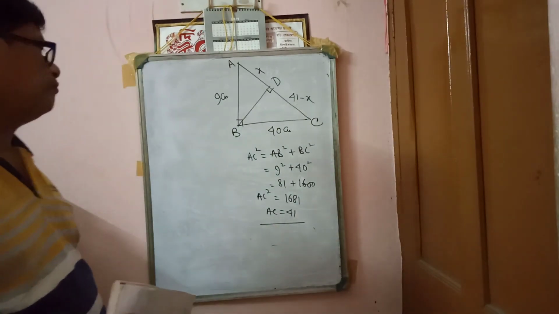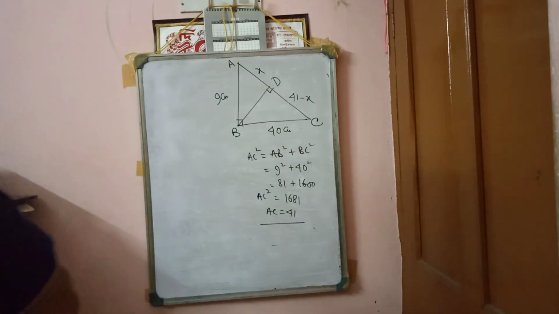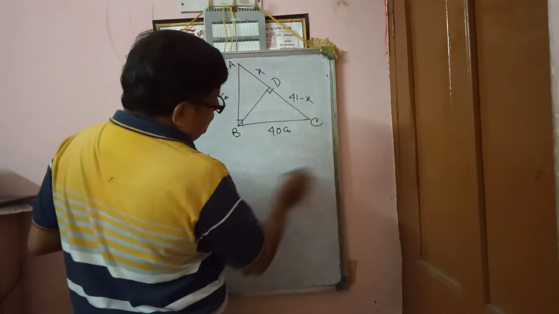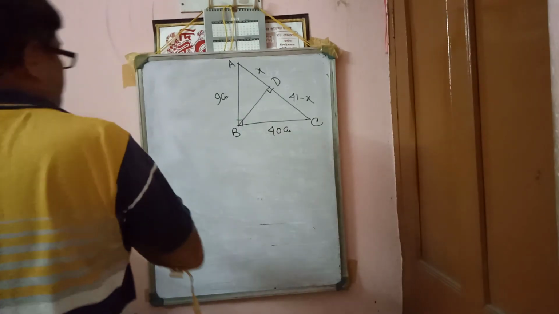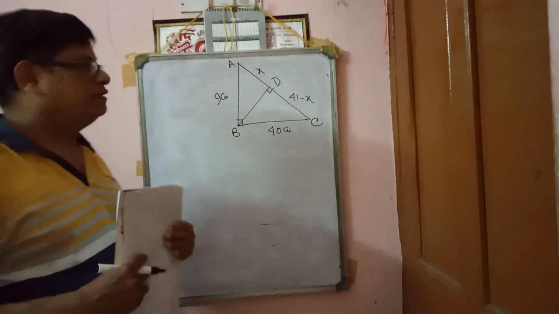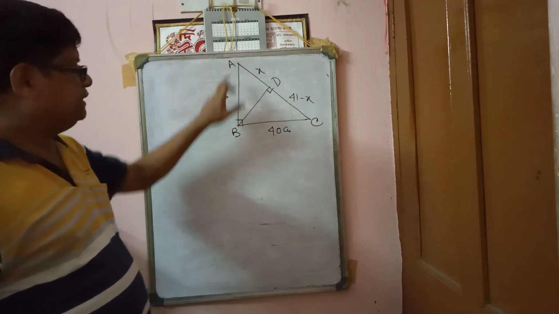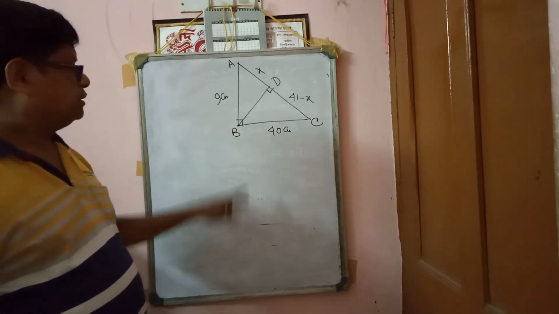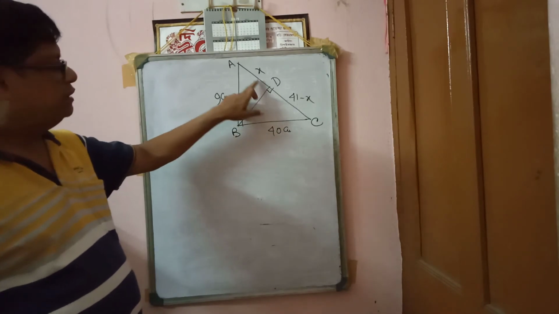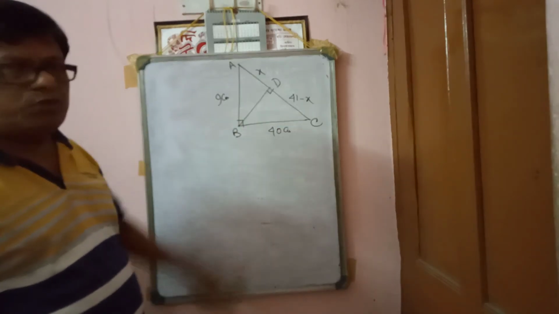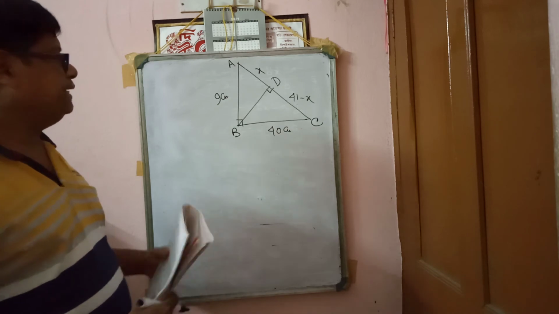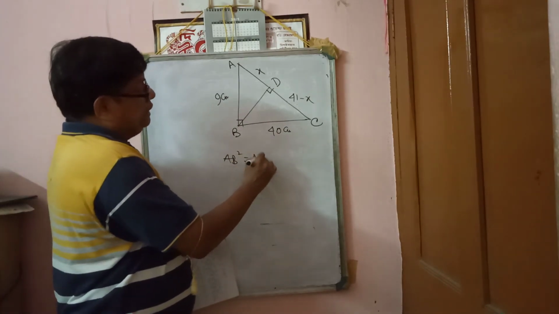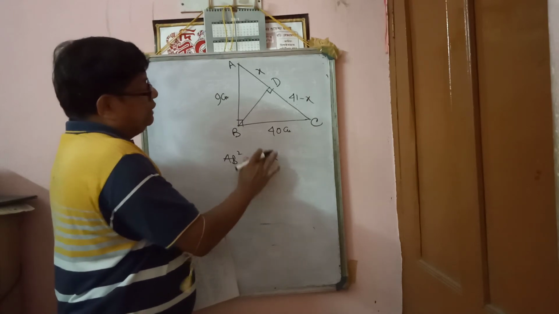Now since the whole triangle ABC, and if you consider this ABD, both are similar triangles. This is 90, this also 90 degree. This is the common angle, remaining also equal. So you can write here AB square equals AD into AC.